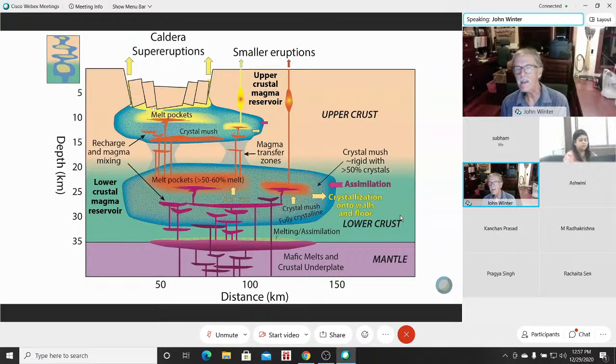I-type are igneous type, and S-type are sedimentary type. Usually, just in generalizations, the S-types have more muscovite or aluminum silicates in them. They're much more aluminum rich, whereas the I-types are what you might expect if you were to model along the lines that I'm showing here. They're going to be more calcic and a little less sodic, a little less potassium, and a little less aluminum.